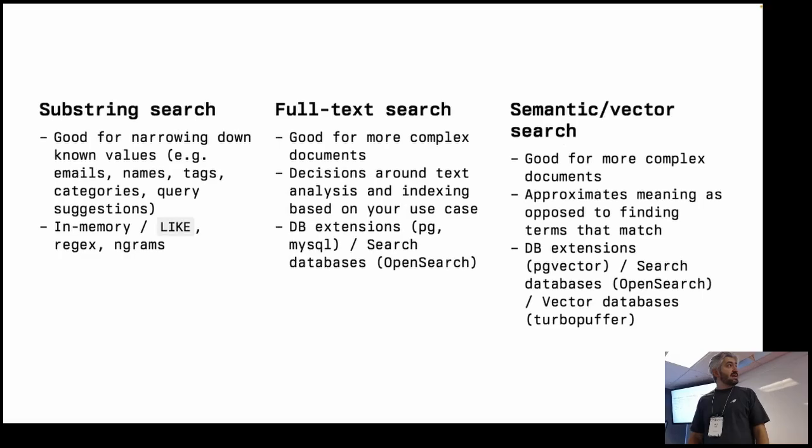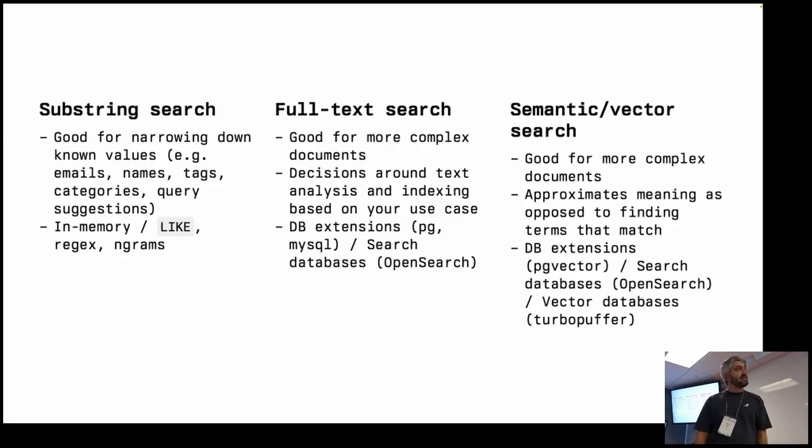All right, to recap, that was a lot of talking. Substring search is good for narrowing down good values. You can do it in memory, or with queries, regexes, or n-grams. Full text search is for more complex documents. There are decisions to be made around text analysis and indexing depending on what you're working with. You can turn to database extensions or search databases like OpenSearch or Elasticsearch.